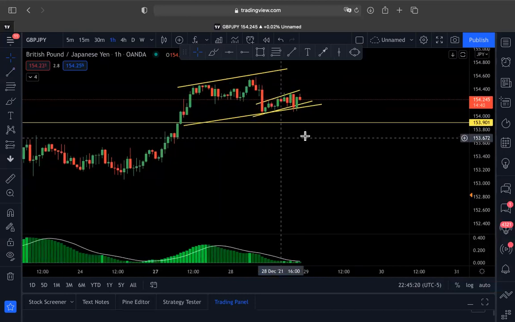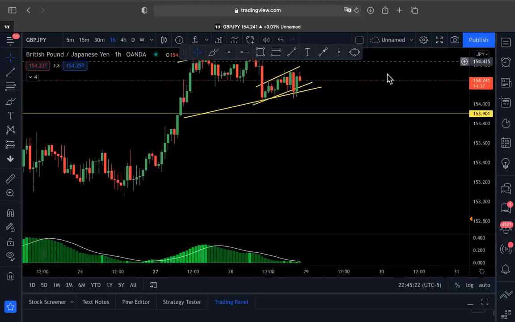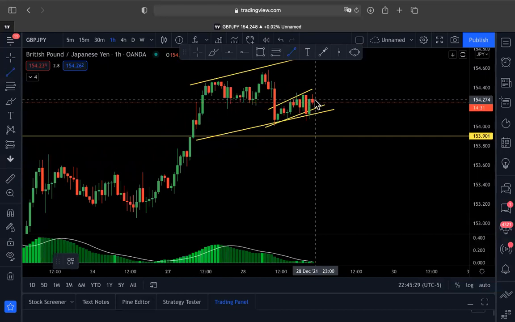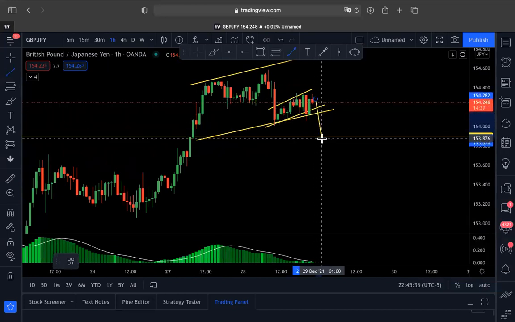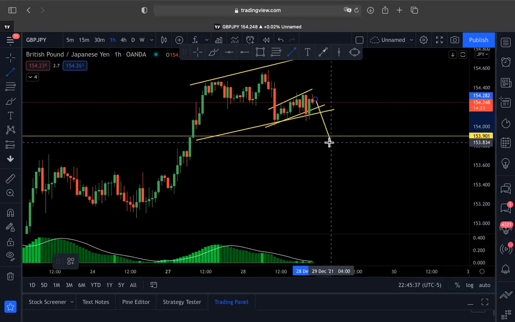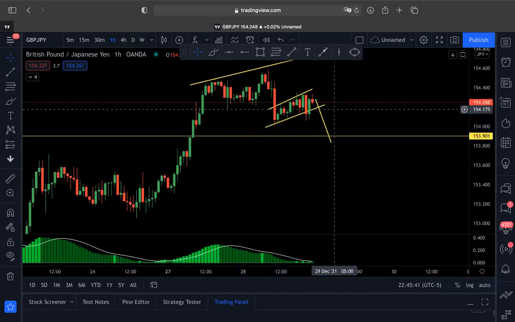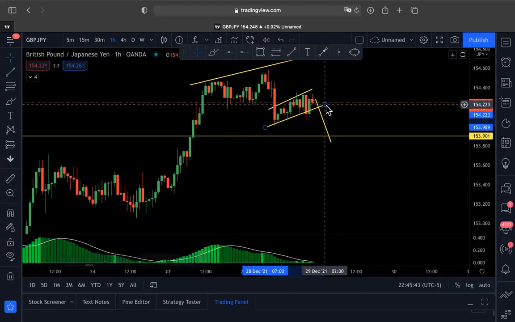So right now, I would just be looking for price to break out of this flag a little bit. You know, it really depends on your trading style. If you're a breakout trader, you could catch the breakout. If you're a retest trader, you could wait for the retest. So right here, I'm actually going to remove this line, guys, just so we could see it a little clearer.